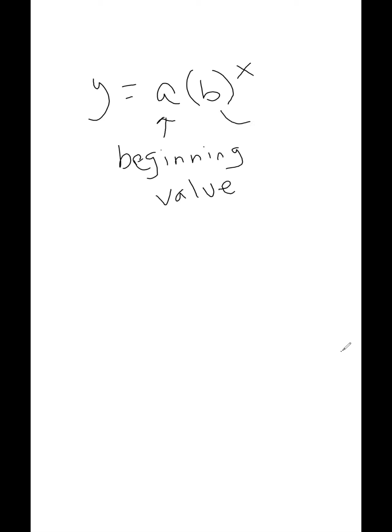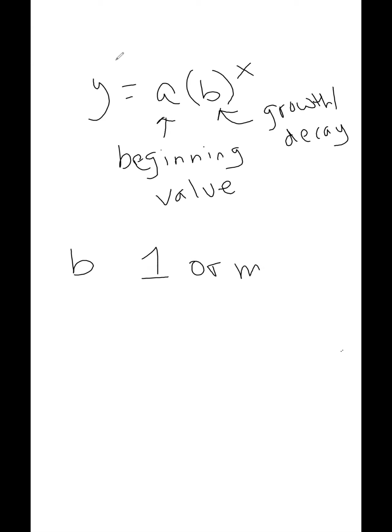And then b is what shows growth or decay. So if you look at b, if it is 1 or more, then that's a growth.